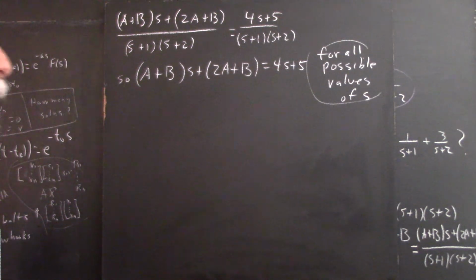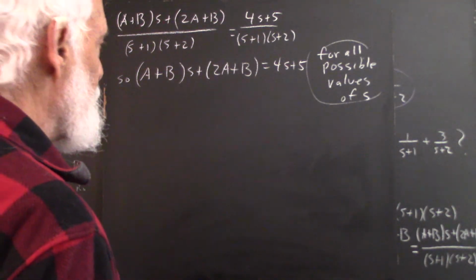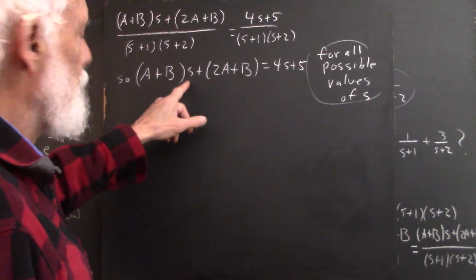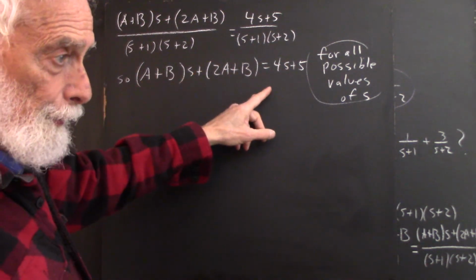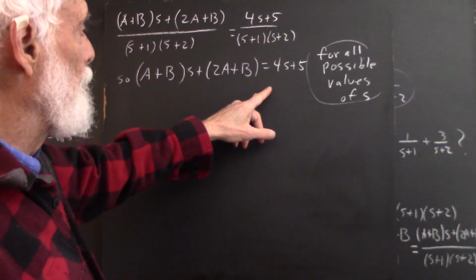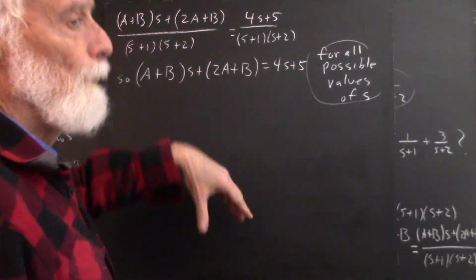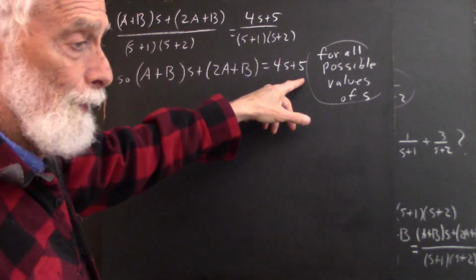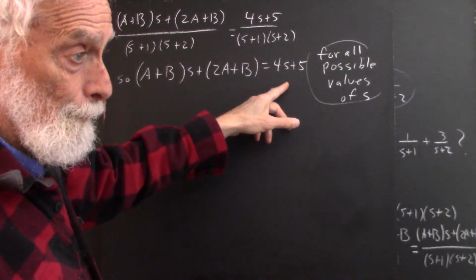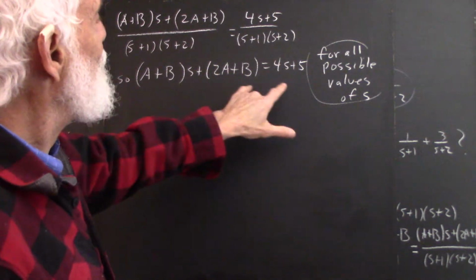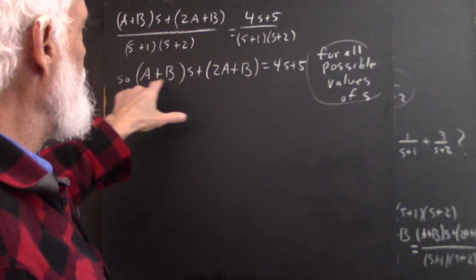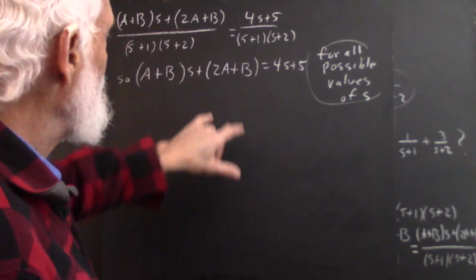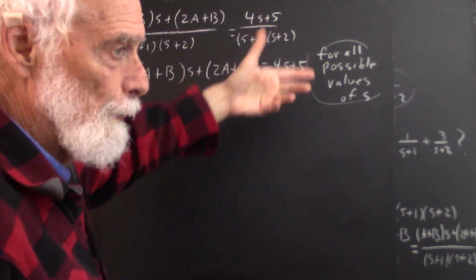Now, if it's true for all possible values of s, then the number in front of s has to be the same on both sides, because if it wasn't, changing s would change everything. Because this number then has to equal this number. Since s can change, the coefficient of s has to be the same on both sides.